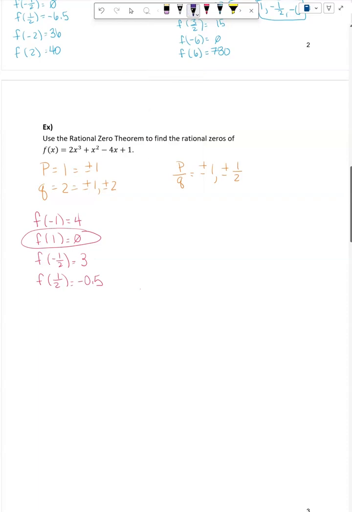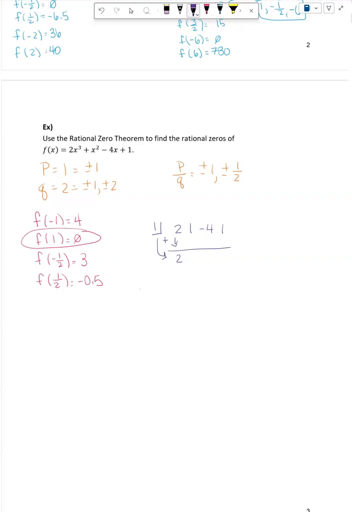No, synthetic division. I don't know why I keep saying long division. Let's do synthetic division. So we know that our 0 is 1. So this is what's going to go in our box, okay? And then now we get our coefficients, which are going to be 2, 1, -4, and 1. Again, we drop this one like he's hot. Multiply here and add here.